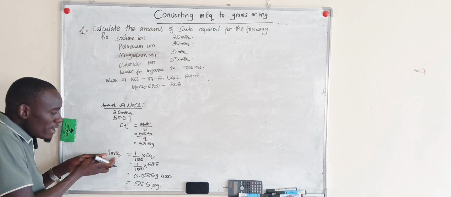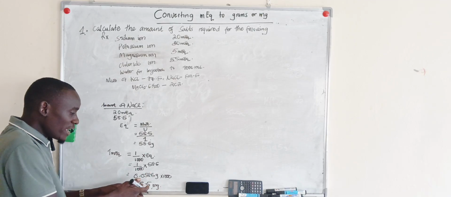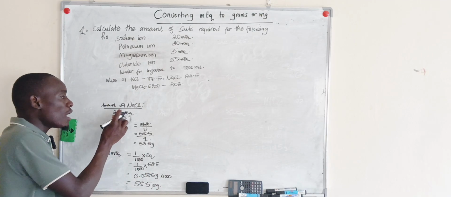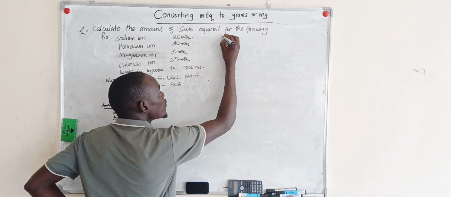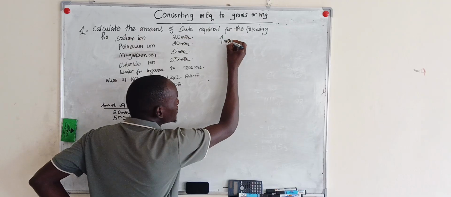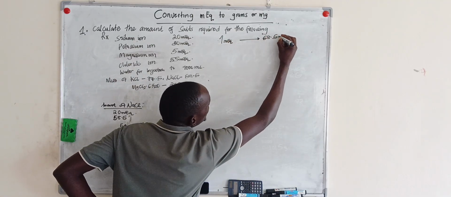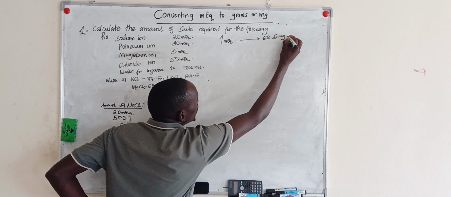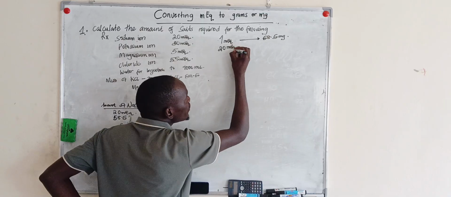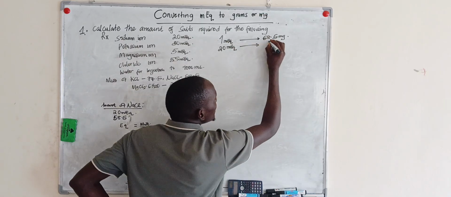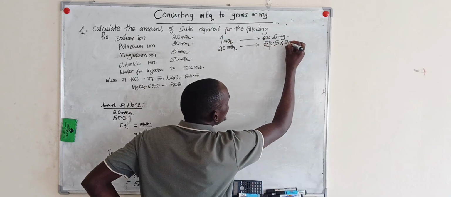So if 1 milliequivalent is contained in 58.5 milligrams, how about the amount required in the formula? We shall say from first principle that 1 milliequivalent is contained in 58.5 milligrams of sodium chloride. How about the 20 milliequivalents? This will be contained in 58.5 divided by 1 times 20.